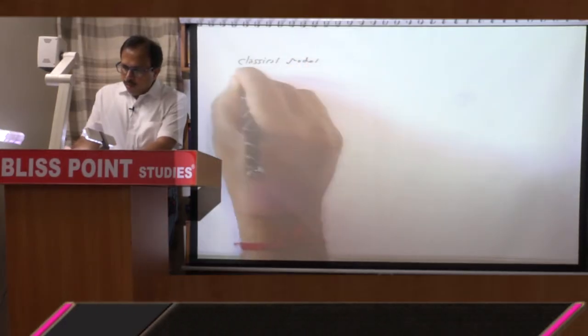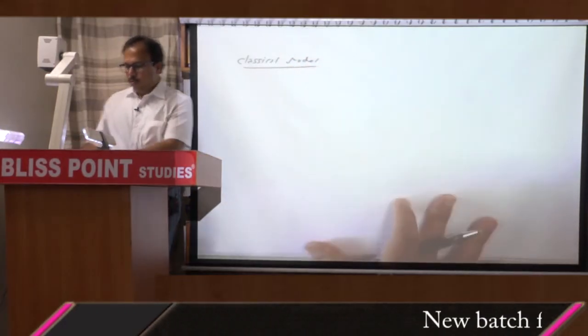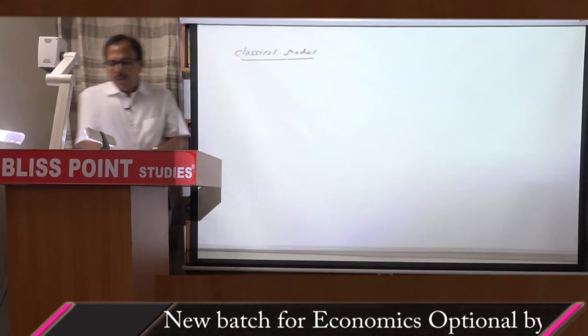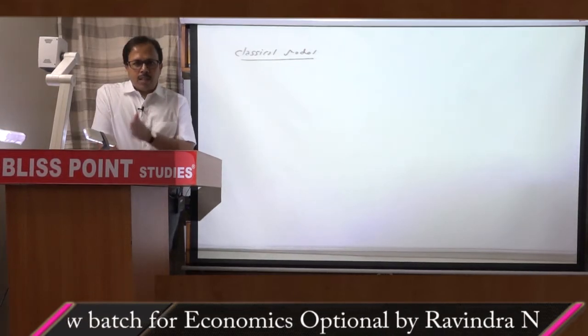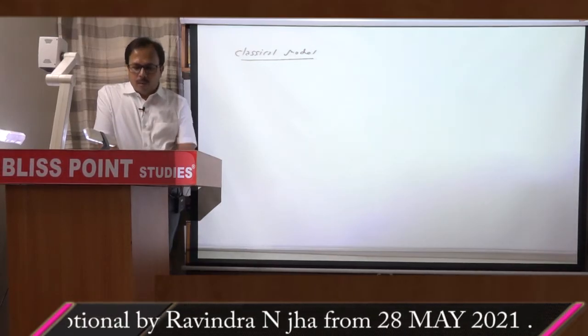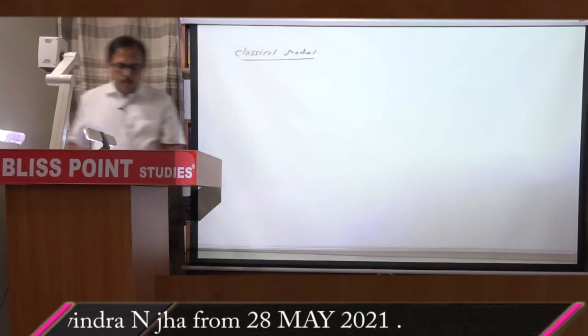Classical model. So certain points you can write in the initial part, then we can elaborate how this aggregate supply curve will be derived. Write down first the introduction part.